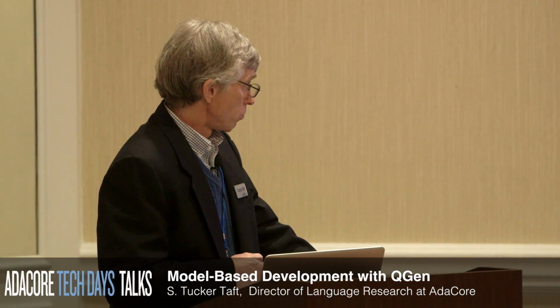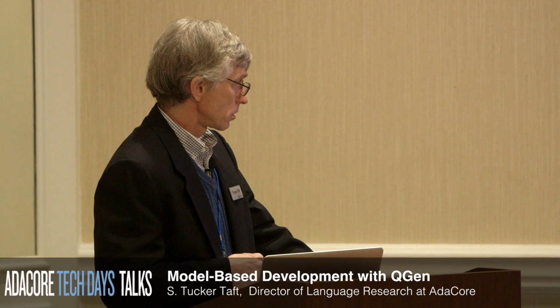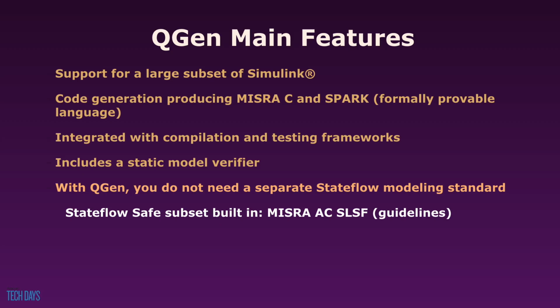Part of the features of QGen is that it automatically enforces various kinds of modeling standards. There are a lot of different kinds of features that you could use in Simulink and Stateflow, some of which are recognized as not being safe for safety critical systems, and QGen will automatically enforce that subset for you. MISRA has also defined various Stateflow subsets and so on.